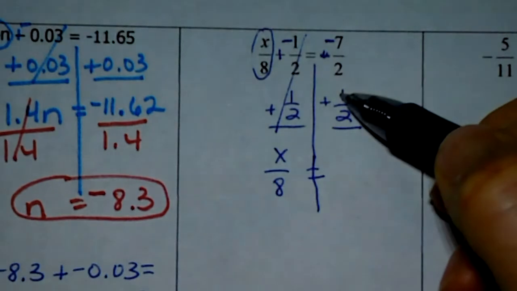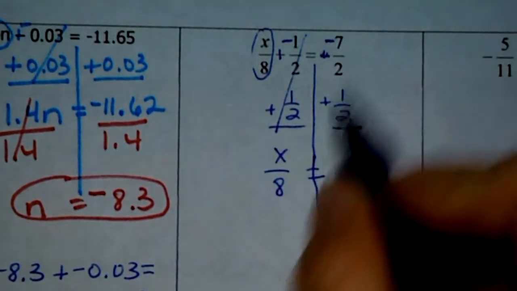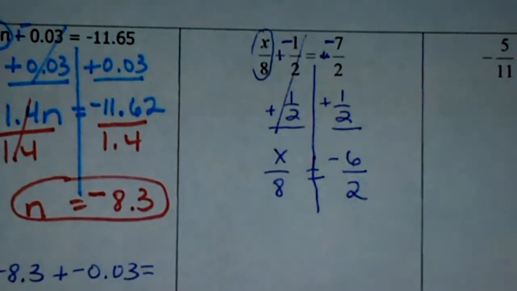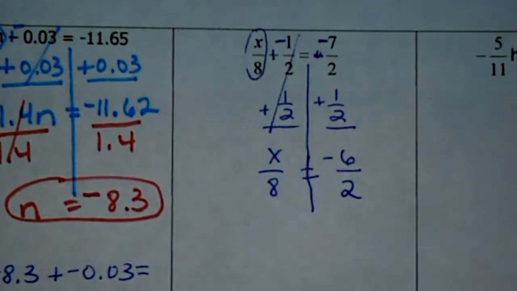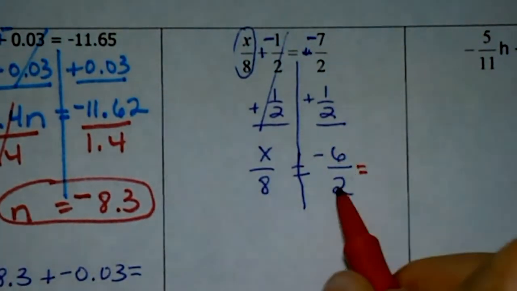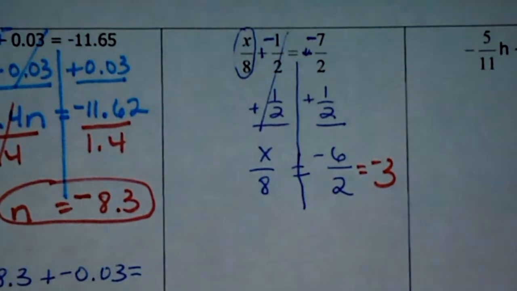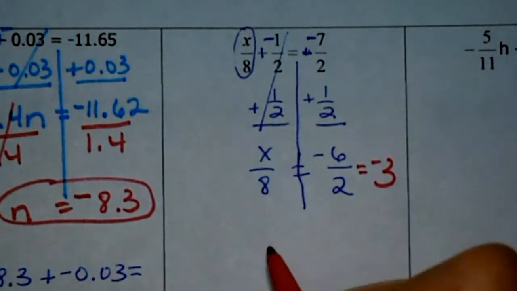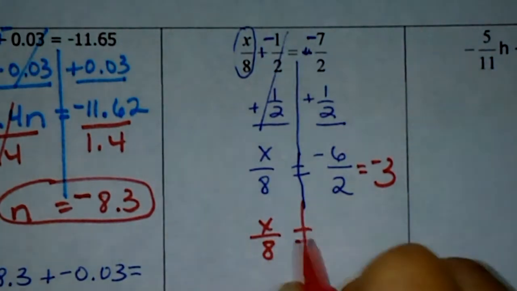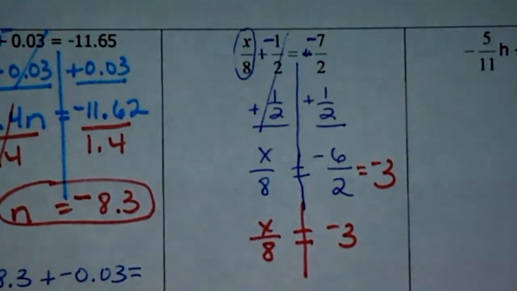So -7 plus 1, that gives me -6, right? I'm going to bring over my 2. And I have -6/2. Now, I'm hoping that you're thinking to yourself, well, I wouldn't leave it as -6/2. This is equal to -6 divided by 2, which is -3. So what I'm really left with here, I'm going to rewrite it, is x over 8 equals -3.